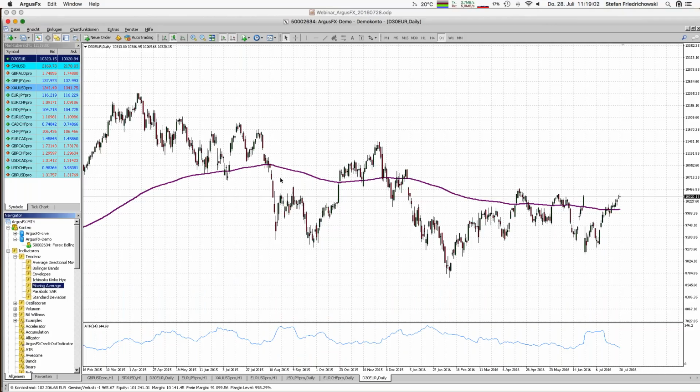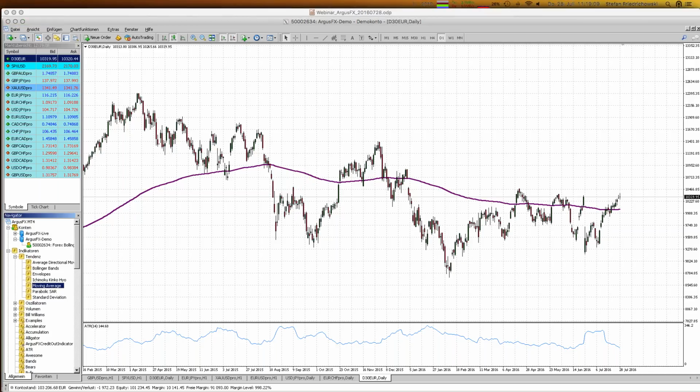So always the question is, whenever we cross the EMA, we would change our trade direction, and already with the bare eye, you can see that at least for the last couple of months, this strategy would not have been very profitable. But anyhow, let's look at the history as well. So we would change here at that position. We would go short because the close price of that candle is below the EMA.